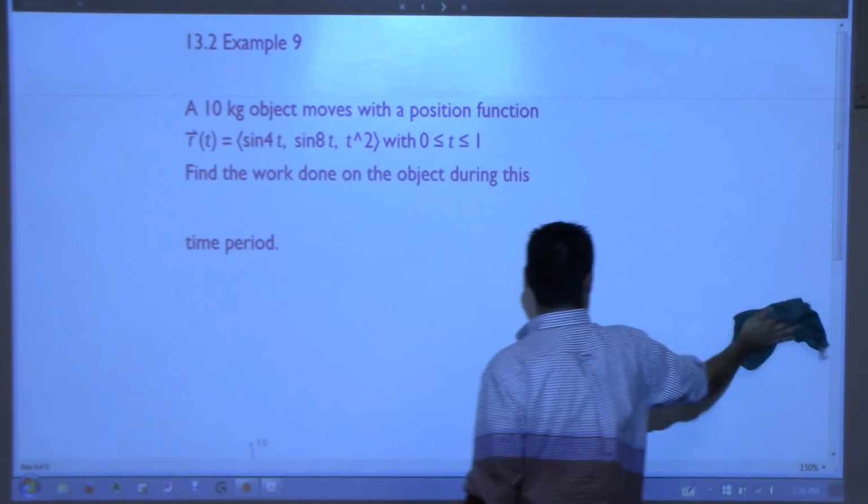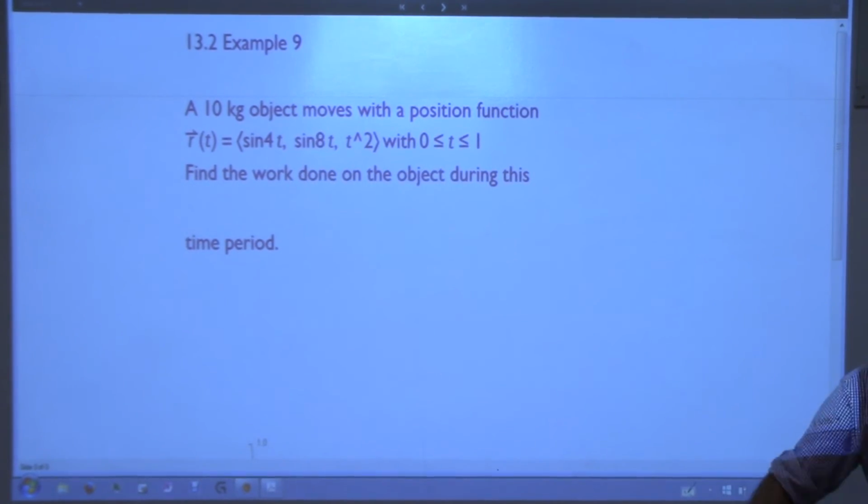I like this problem. There's going to be quite a few more problems like this in the homework for this section, which I know all of you are going to do, towards the end. So just be prepared for that.